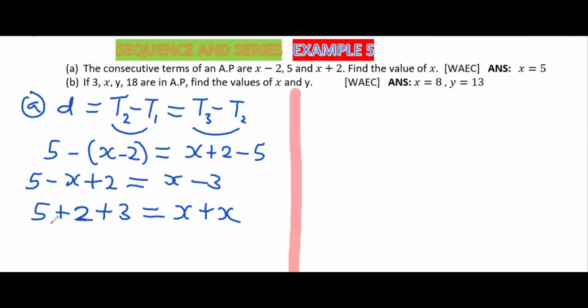Here, 5 plus 2 plus 3 gives us 10, and we have 10 equals to 2x. Therefore, to find the value of x, we divide both sides by 2. So we obtain x to be 5, and that's the value of x.